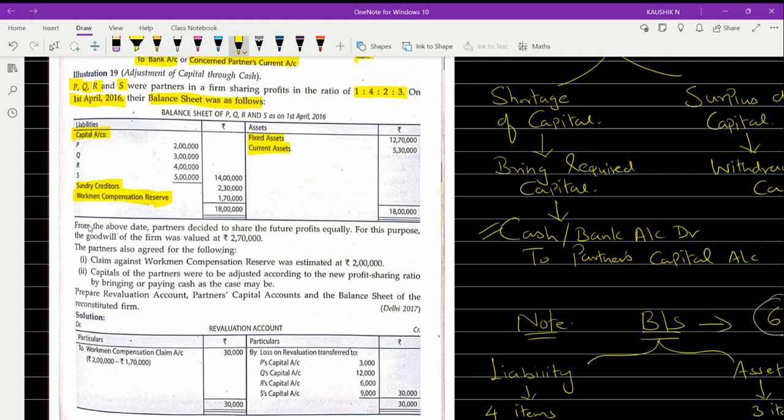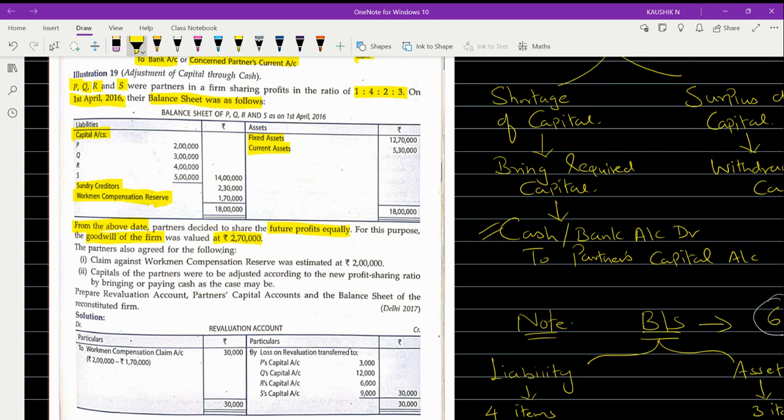Now they are giving you some additional information below the balance sheet. From the above date, partners decided to share the future profits equally. So the NPSR is given to us. For this purpose, goodwill of the firm was valued at rupees 2 lakh. Now we don't have goodwill appearing inside the balance sheet.